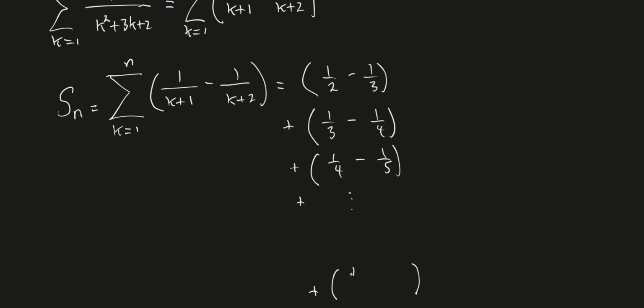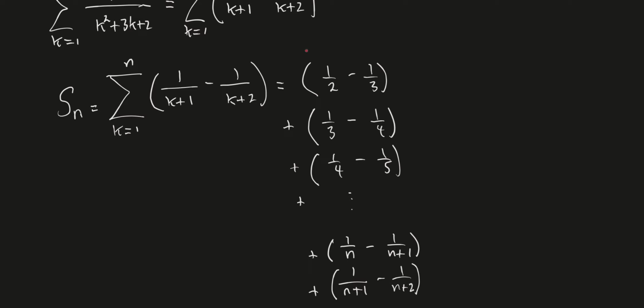Then if I replace k with n, I have 1 over n plus 1 minus 1 over n plus 2. Working backwards, notice the denominators get smaller. They go down by 1 each time. So this denominator will be 1 over n, and this denominator will be 1 over n plus 1. And that's pretty much all that I need, right?